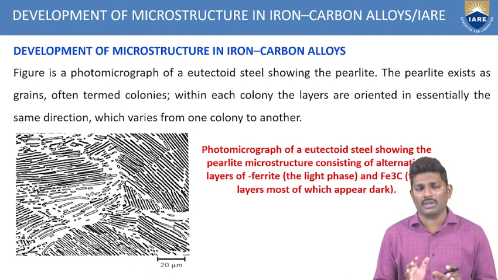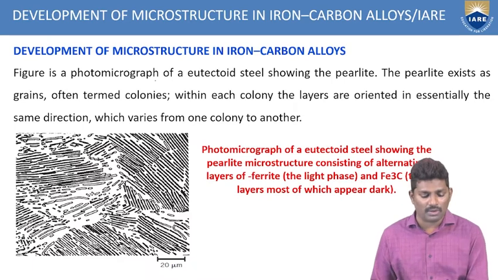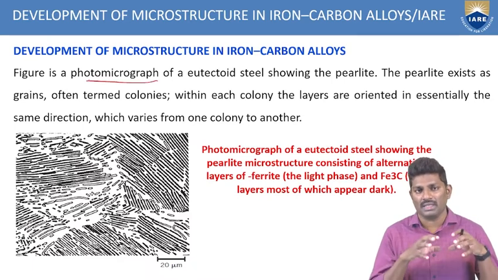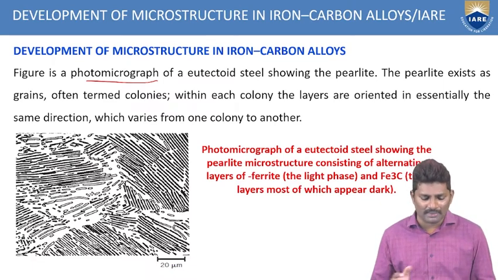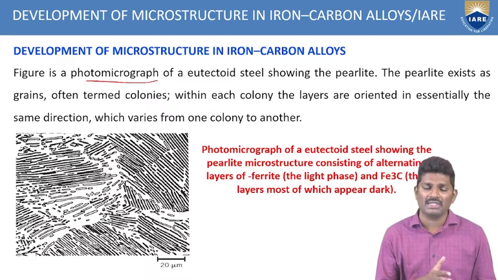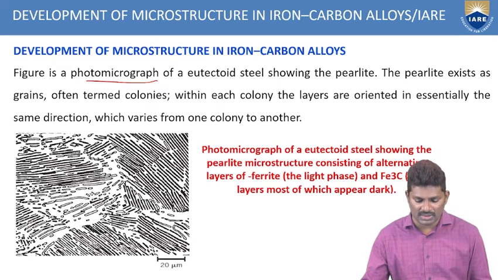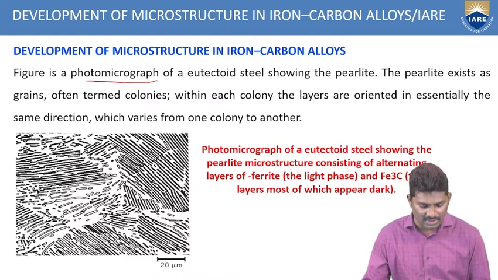And if you go further and see the same material through a photomicrograph, with the microscopic view, you can see the arrangement of this pearlite. So, what are the alternate layers we are seeing? This is called the pearlite microstructure, consisting of alternate layers of ferrite and Fe3C.